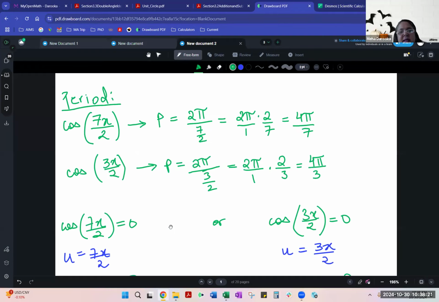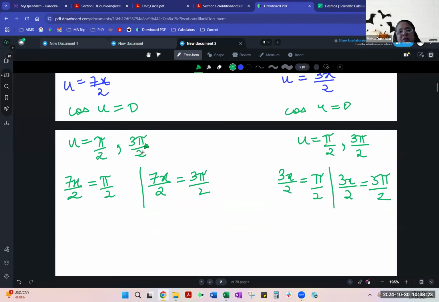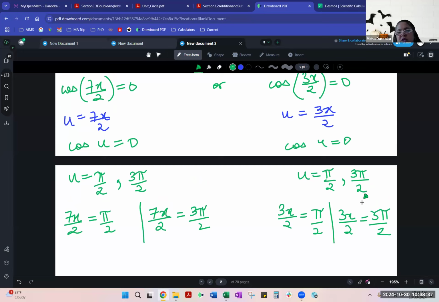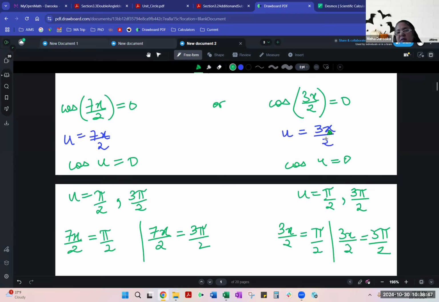So how many more angles do we need to find outside of, because we just did from 0 to 2 pi, because that would be the one original revolution, right? So do we need to add any more angles to the 7x over 2 function, and based on the period, do we need to add more angles to the 3x over 2 cosine function?